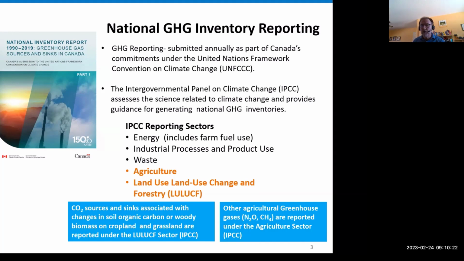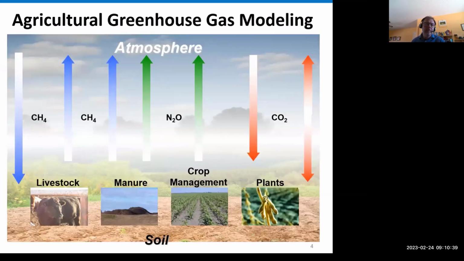So agriculture shows up in two chapters within that report, in the agriculture chapter, but it also shows up in the land use change and forestry chapter, and that's where we deal with carbon sequestration as a result of land use change. The modeling itself takes into account methane, nitrous oxide, and carbon dioxide.